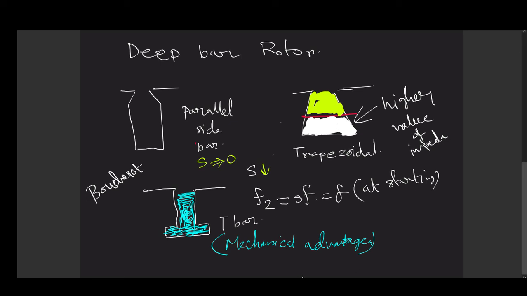There you will have two different cages, the rotor slot looks like this, or this kind of deep bar rotor.